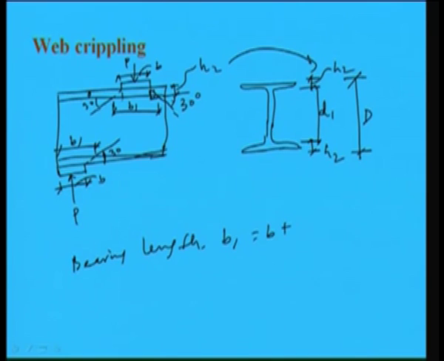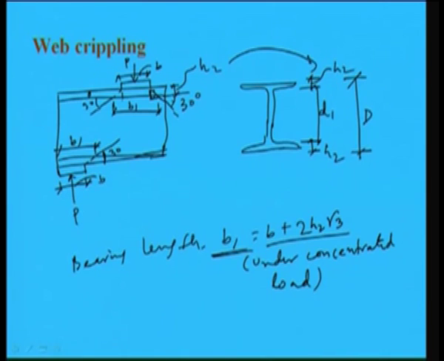So, H2 into root 3, in two places it is there. So, 2 H2 root 3. This is under concentrated load. So, under concentrated load we are finding out bearing length B1 as B plus 2 H2 root 3.